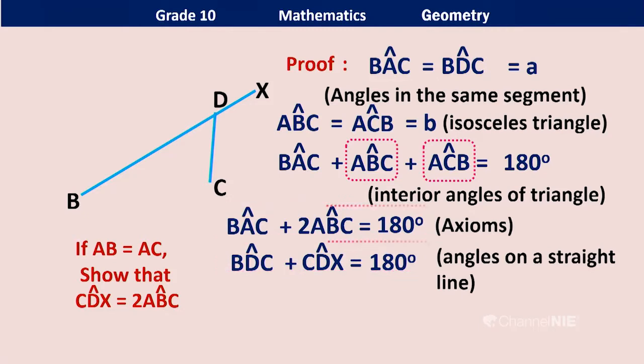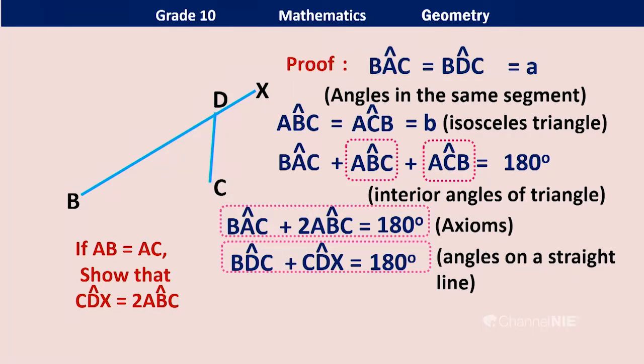Once again, have a look at these two equations. First, we got angle BAC plus twice of angle ABC equals 180 degrees. Then I got angle BDC plus angle CDX is equal to 180 degrees. In both equations, I have got 180 degrees on my right hand side.